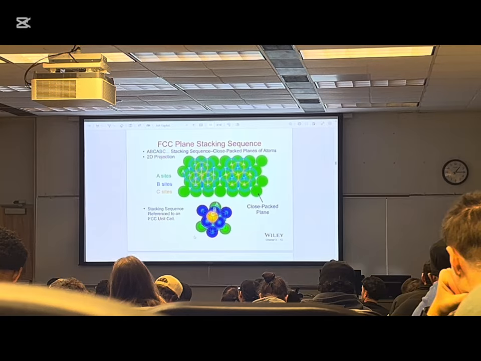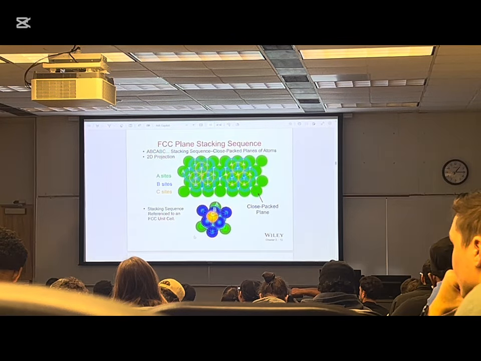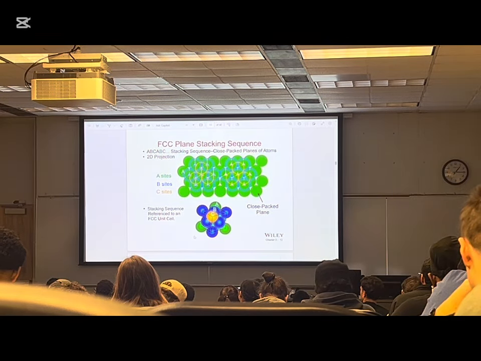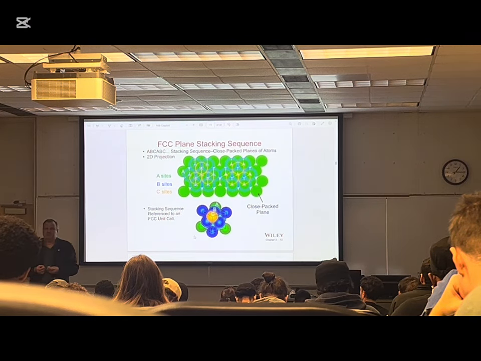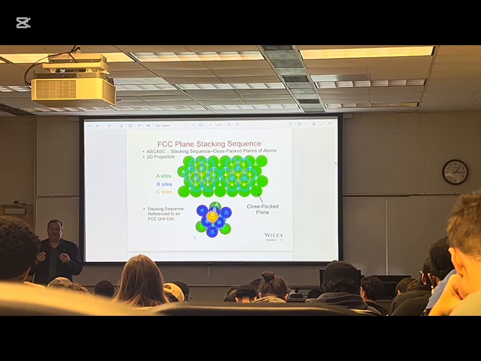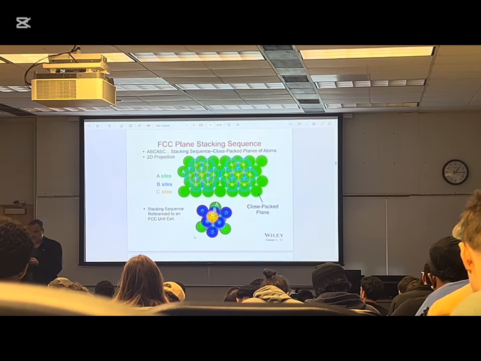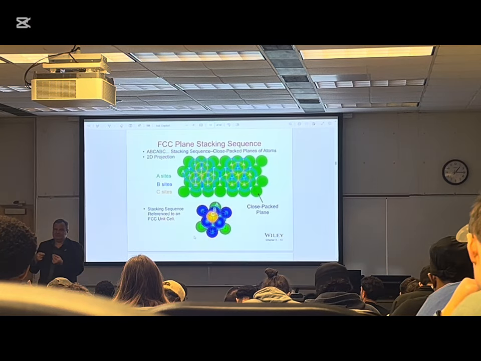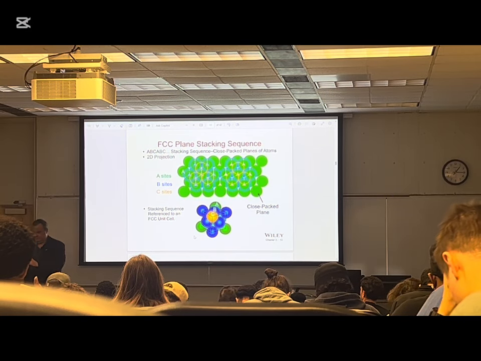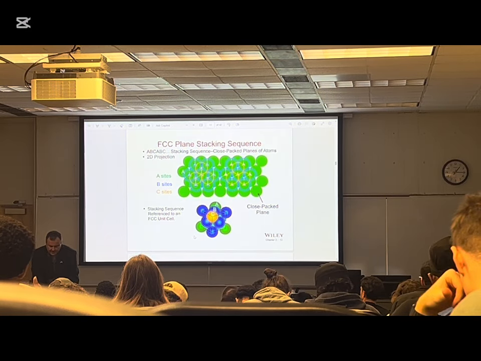And then the third way is to put the third layer into a different position, that's neither A nor B. So we're going to call it C. You can see it here. So although the packing density is the same, because it's the same dense plane, ABA versus ABC, I want to give them to you together so you can compare.